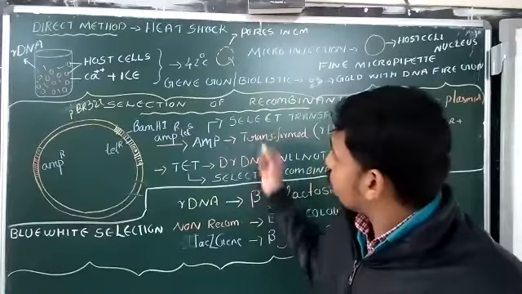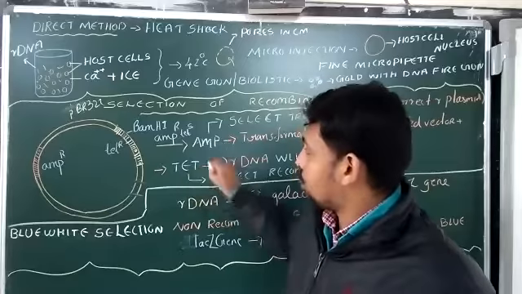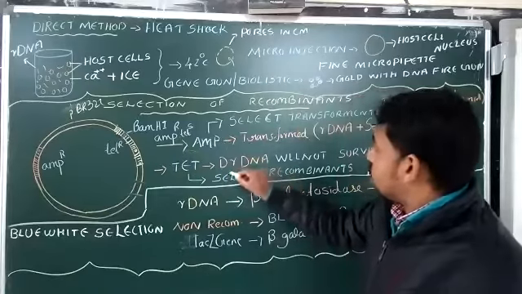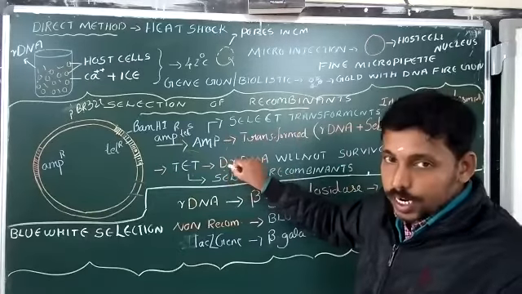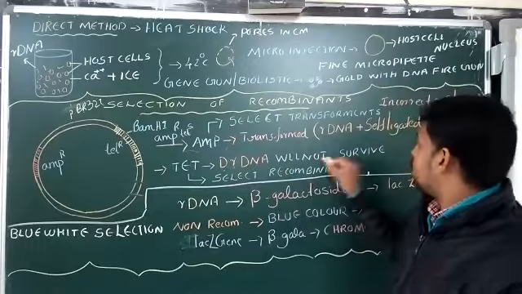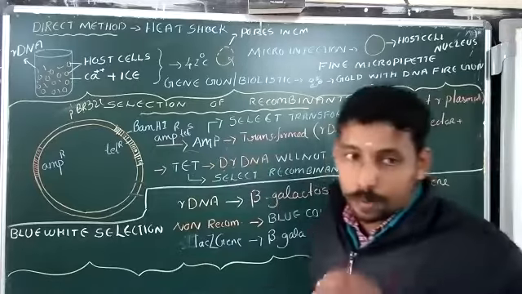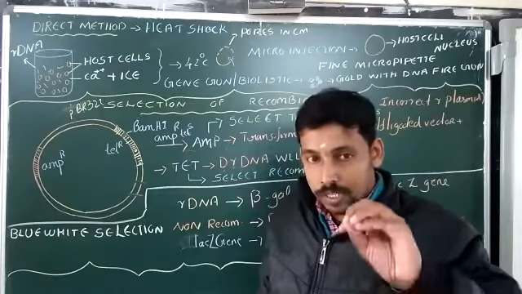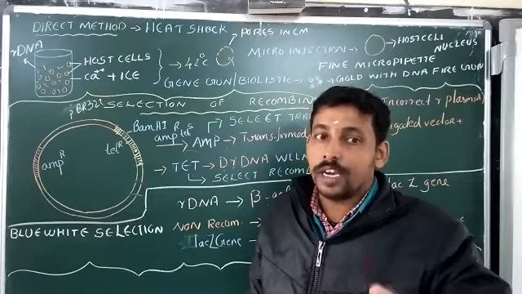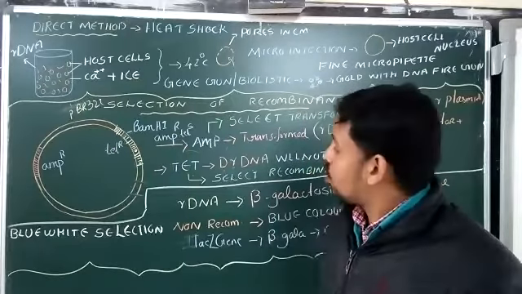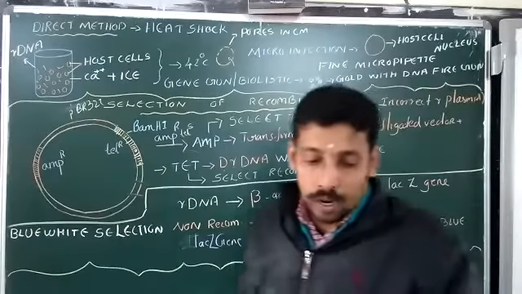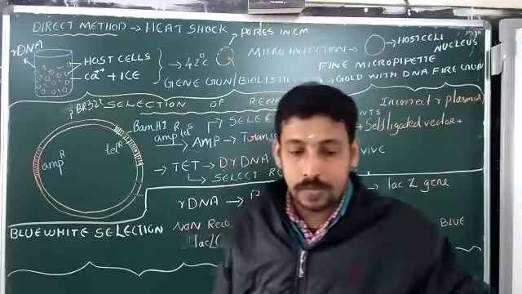But we do not know whether it is the desired recombinant DNA. So for that, we are transferring this into tetracycline medium. Only this desired recombinant DNA will not survive in that medium. If it is not surviving, we can say that they are the desired recombinants. All others are what? Non-recombinants. Okay.